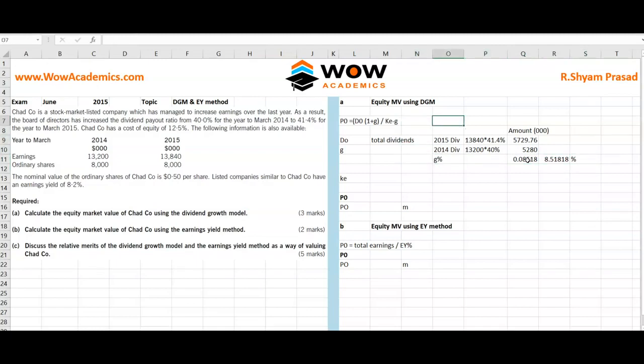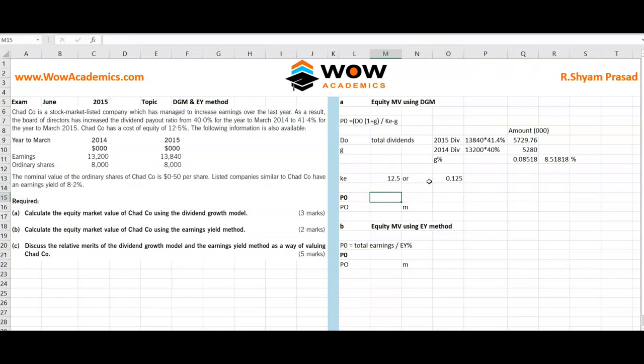So we need to have the Ke here. Ke is 12.5, or if you want, we can also take it as 0.125. That would be easier. So we'll find out the P0.